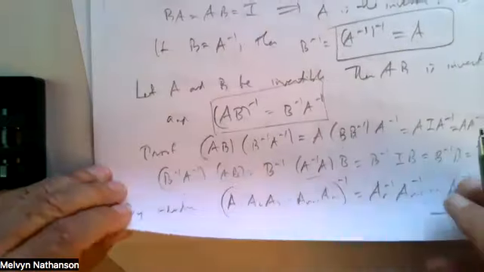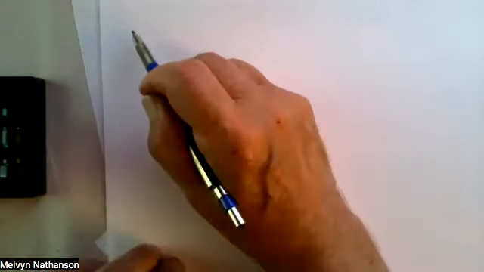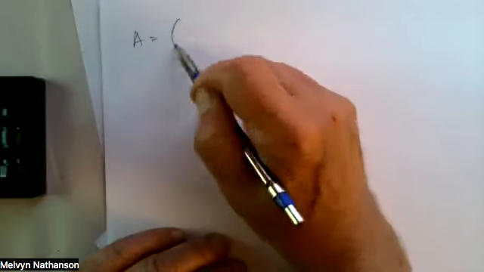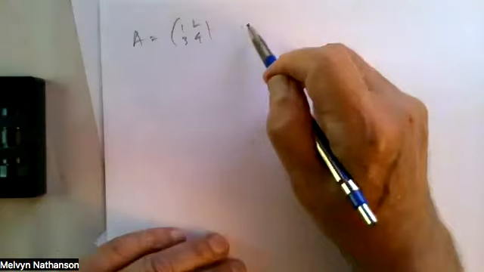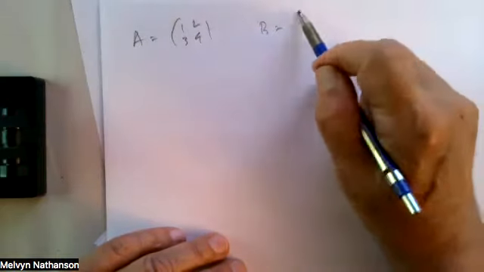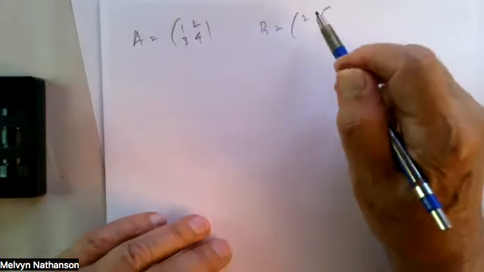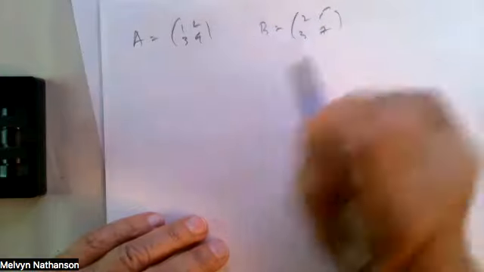Let's just look at an example of that because it's interesting. Suppose A is 1, 2, 3, 4, and B, this is just an example in the book, is 2, 5, 3, 7.